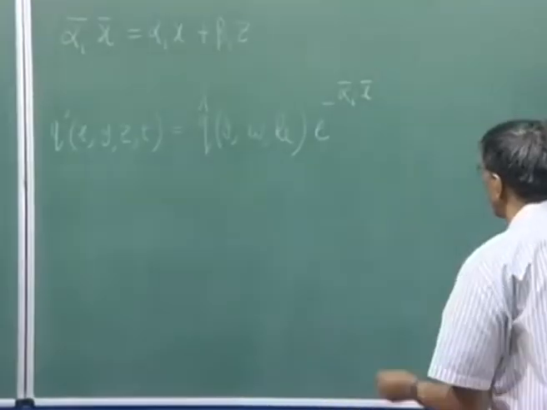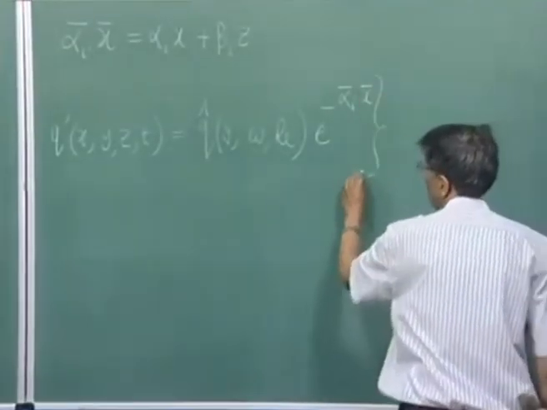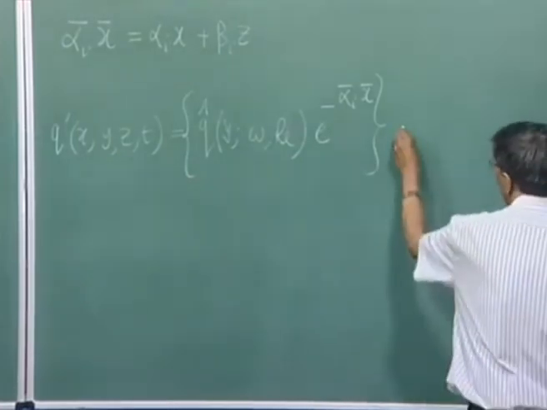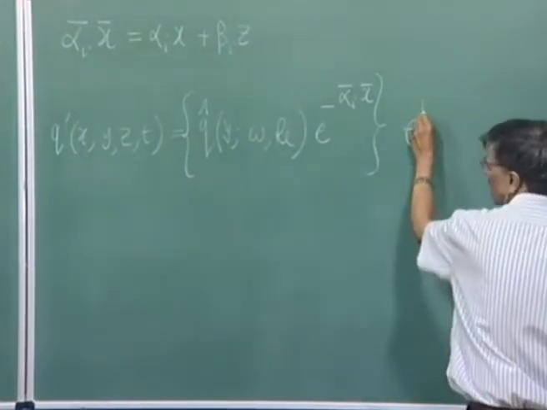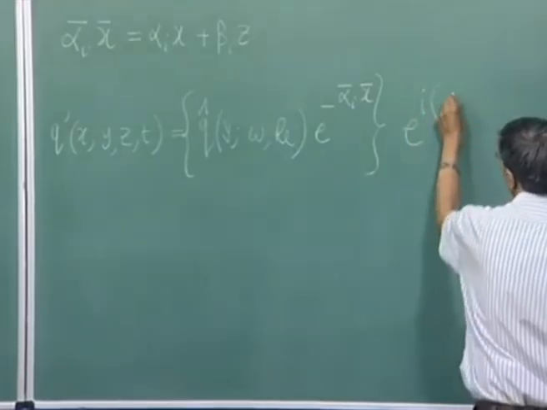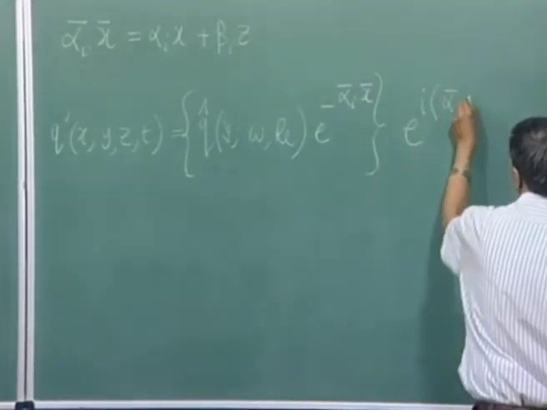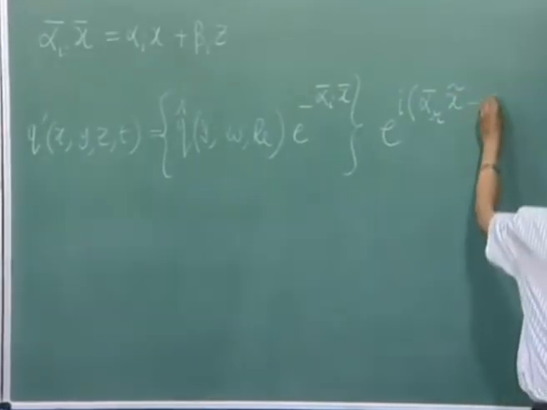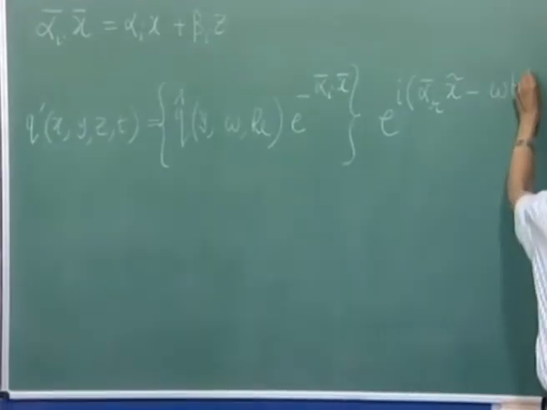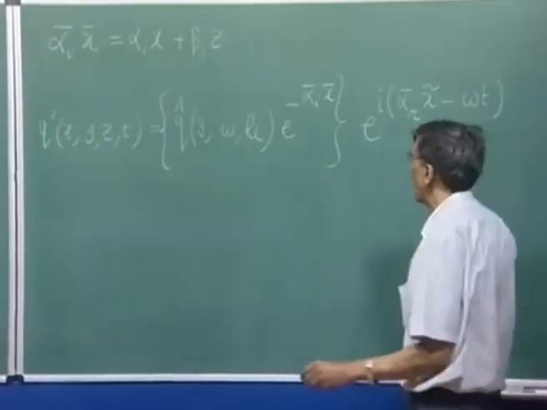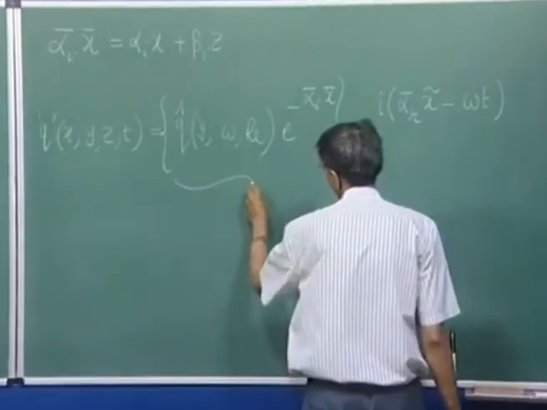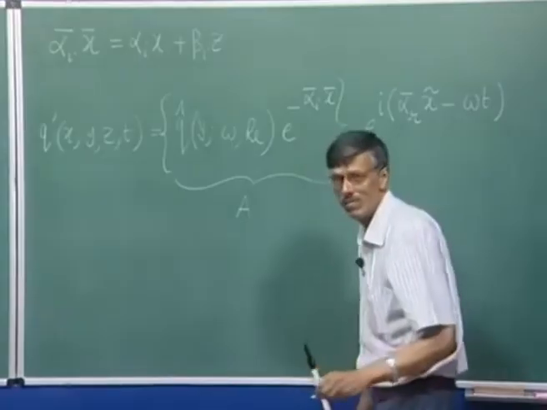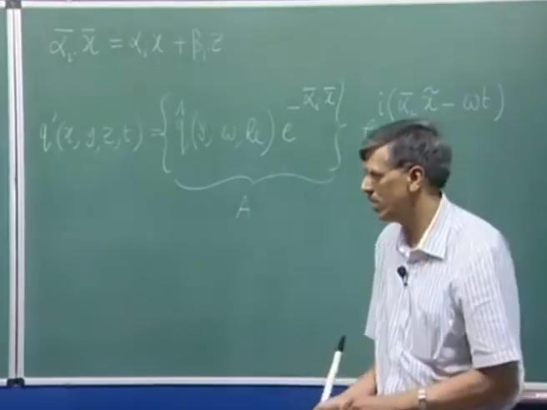So, this is this part. Once again, put it inside the brace, and the phase part is going to be nothing but alpha r bar x tilde minus omega t. Once again, we can call this the amplitude part, right?